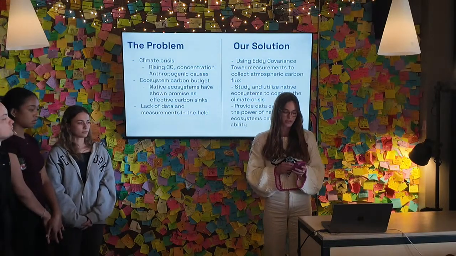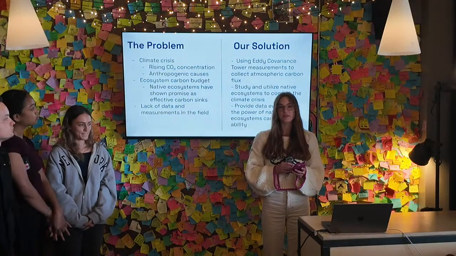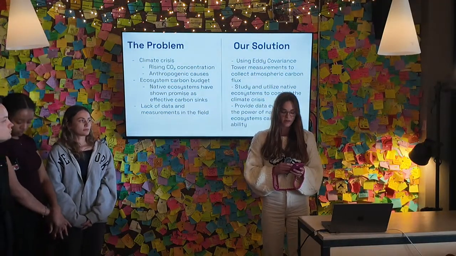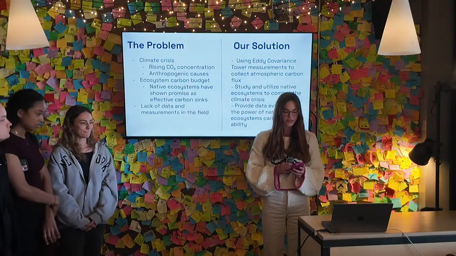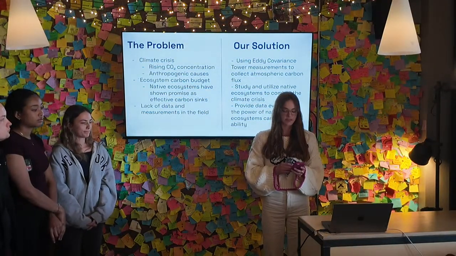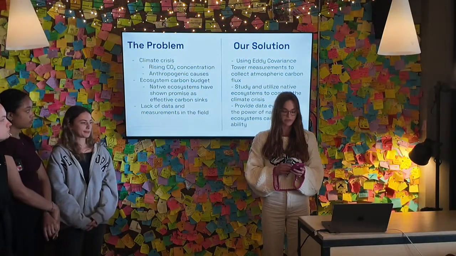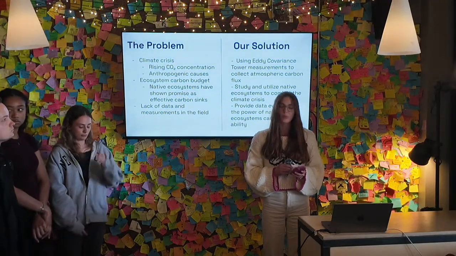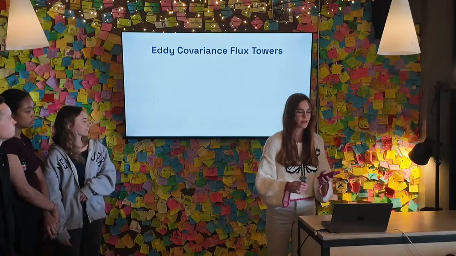So, our solution is to utilize eddy covariance towers to measure and collect atmospheric carbon flux to study and understand how effective native ecosystems are at carbon sequestration. This research could change the way that the climate crisis is tackled and provide a doable solution for carbon sequestration. Using native ecosystems could be an answer to our global problem of climate change.